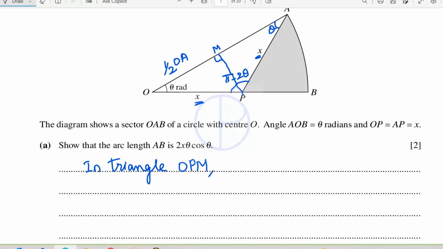So from this we can write OA is equal to 2x cos theta.